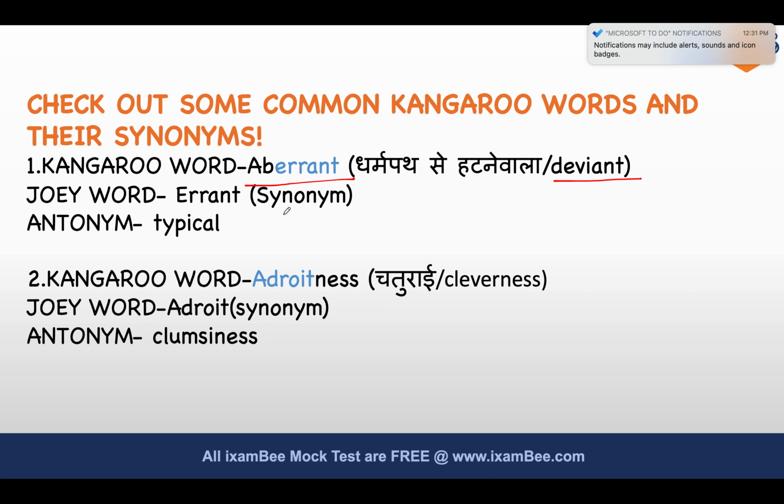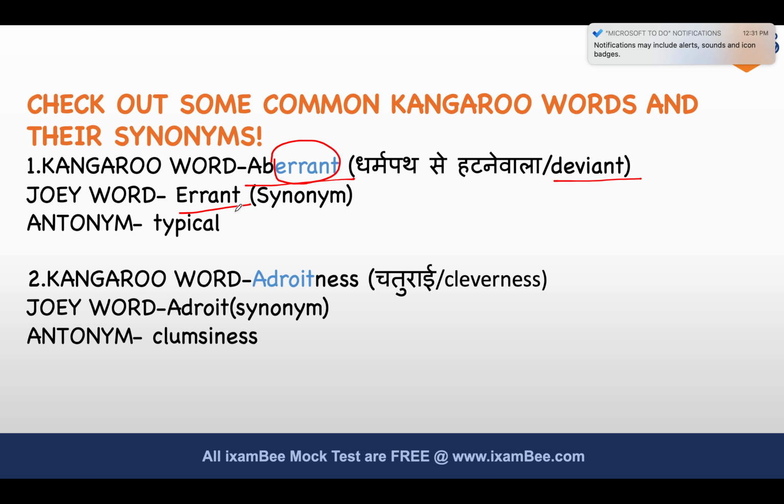Now aberrant, if you look carefully, the word errant is hidden inside the word aberrant. Now, errant means to move away from the right path. So, if you remember the word aberrant, you will be able to remember the word errant also. Now, errant is a synonym.